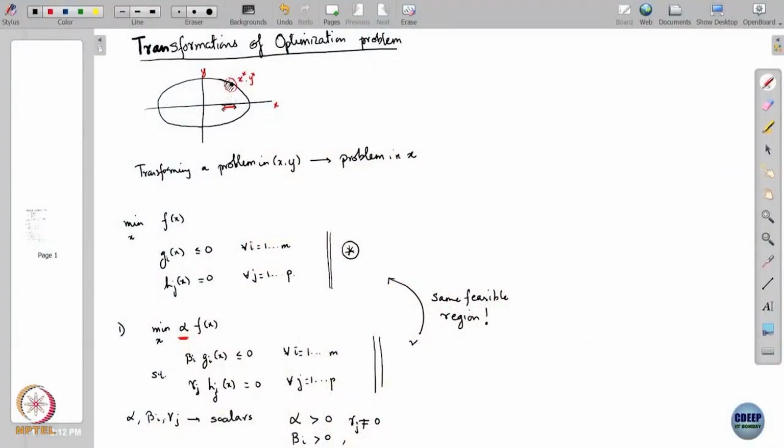The solution sets of both optimization problems are the same, just that the objective value is scaled. So I am thinking of these two optimization problems as equivalent, because there is a simple way of recovering the solution of one from the other, right. Okay.